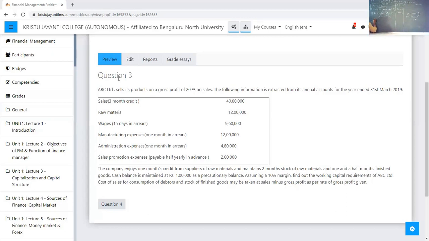So the next asset is finished goods. Have they given us the value of finished goods? No. But what can be assumed as finished goods? The sales amount can be assumed as finished goods. So again, I take 40 lakhs into 80%. Time duration is 1.5 months divided by 12.